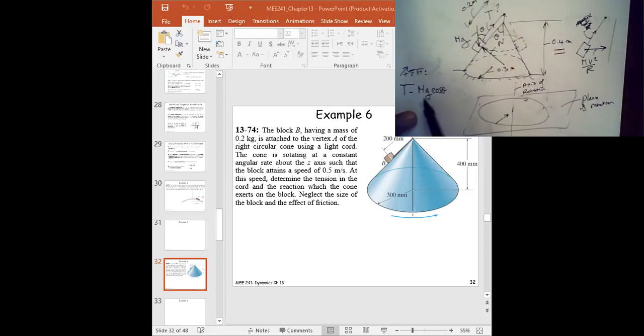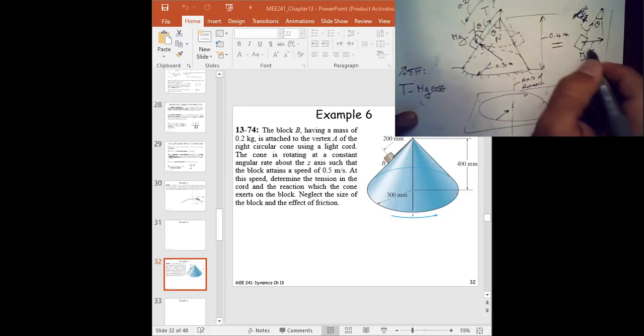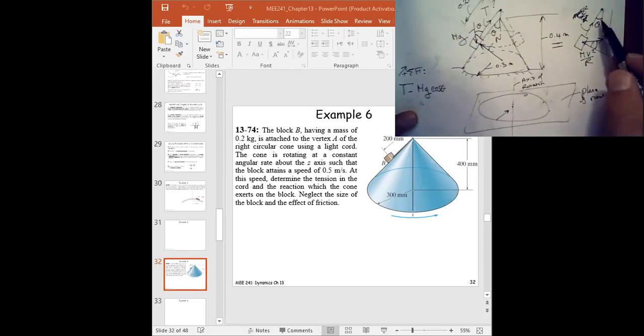Okay, so we're good. What else is equal to what on this end? If this angle is 90 minus theta, and theta becomes zero, this guy will become vertical, and this guy is always horizontal.